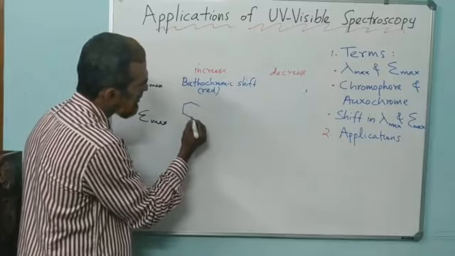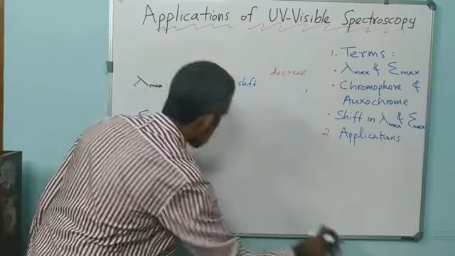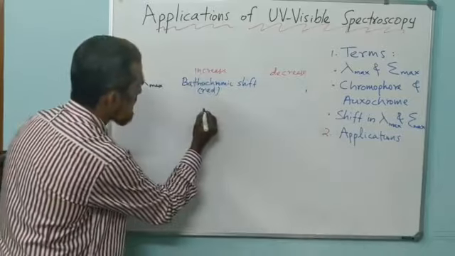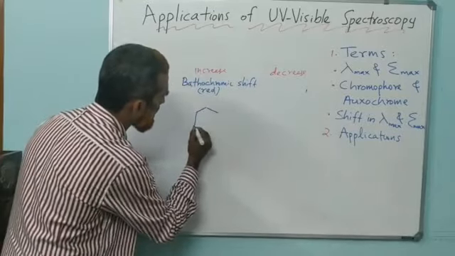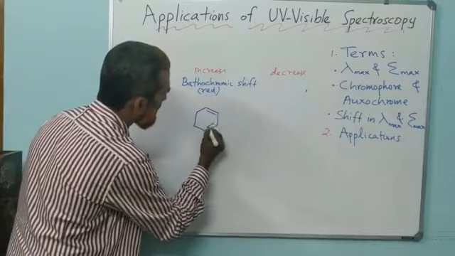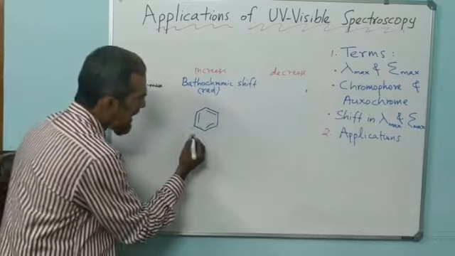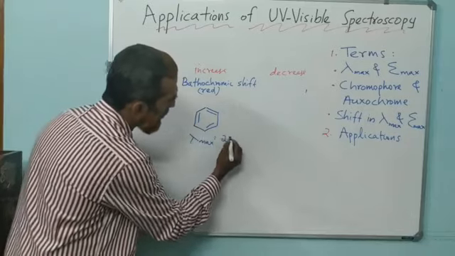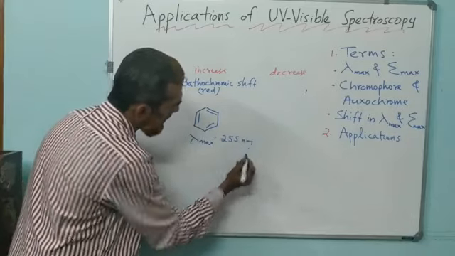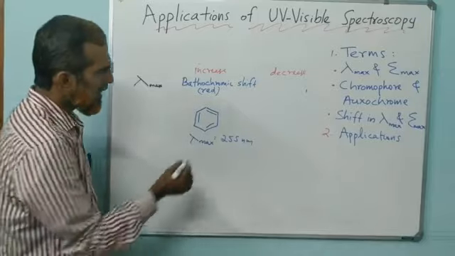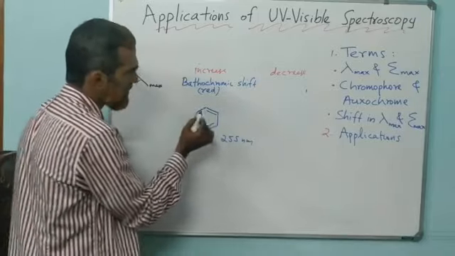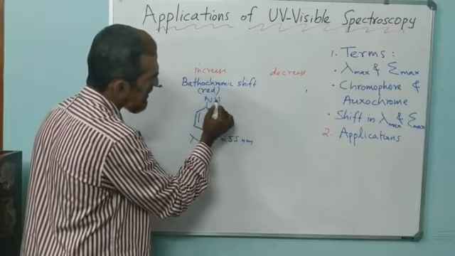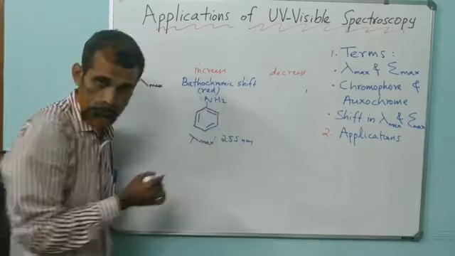Let me put an example. See, let me write here benzene. Its lambda max value is equal to 255 nanometer. Now, when you introduce an amino group here and make it aniline, see, it's an auxochrome, right?